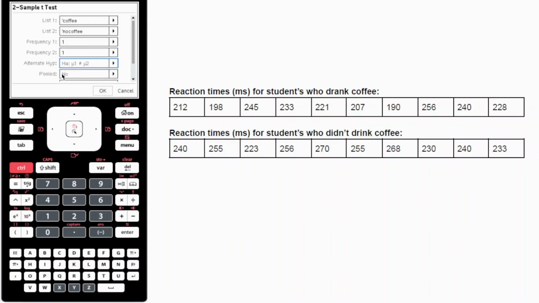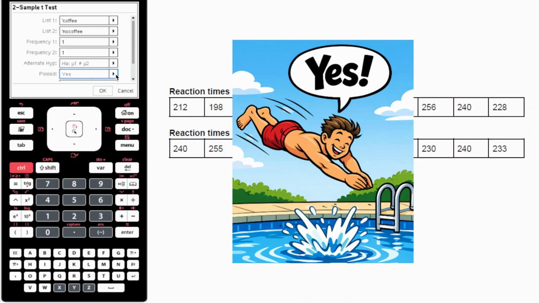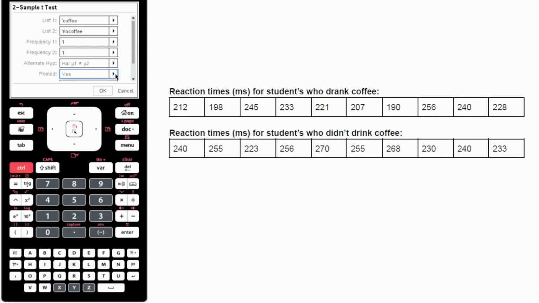And then there is this extra question about pooled, and you always answer yes here in IB final exams. You could remember it this way: do you want to go swimming in a pool? Sure, yes, we want to go swimming in a pool. So you always answer yes in that section.